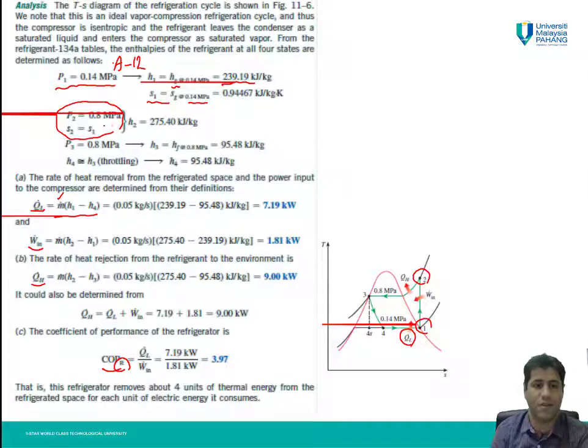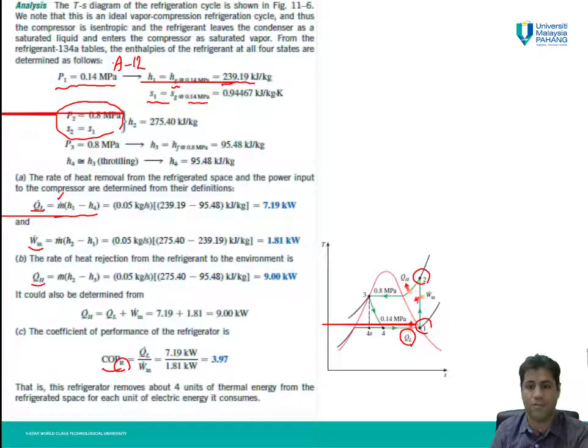So by this information, how can we find enthalpy for state 2? We know this is superheated region. So let's go to the table, and also you can check state 2.